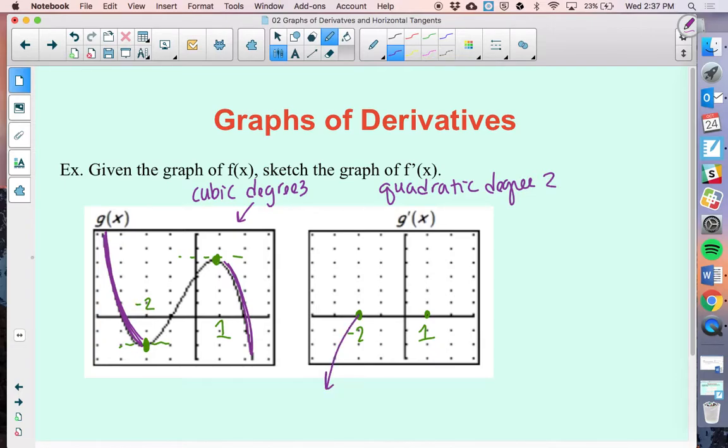So I'm going to make this kind of curvy, like a parabola. Now in the middle, the last step here, I know that I have a positive slope. So that means my y values on my derivative must go above the x-axis. And so that's what your graph's going to look like. I think that's the last one. Yep.